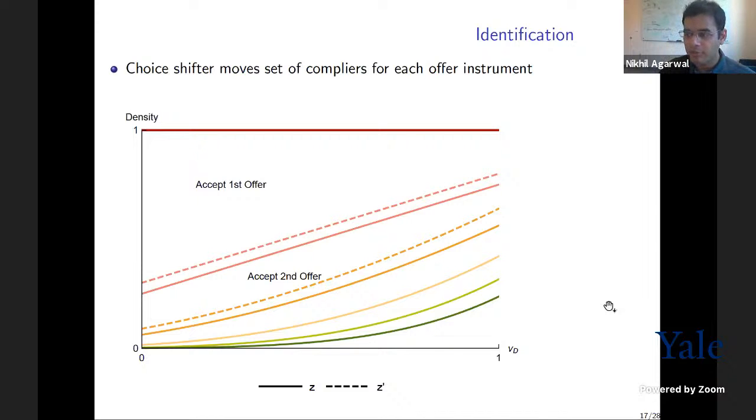Now, this is not yet a proof, but in the paper, we go through how this kind of variation, when combined with the offer variation, can be used to learn about exactly what I had said earlier: that if you drew a vertical line through one of these points, you can tell about the treatment effects for that specific selectivity type. The proof is based on deconvolution-like methods. It's a little bit involved, but that's sort of how it works.